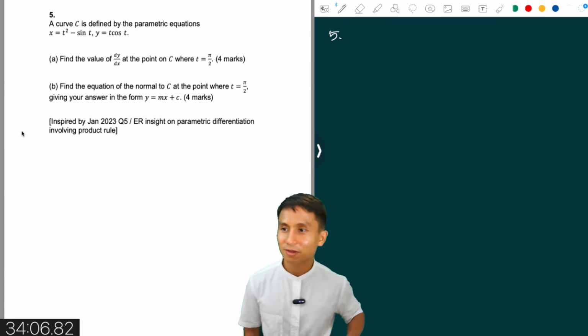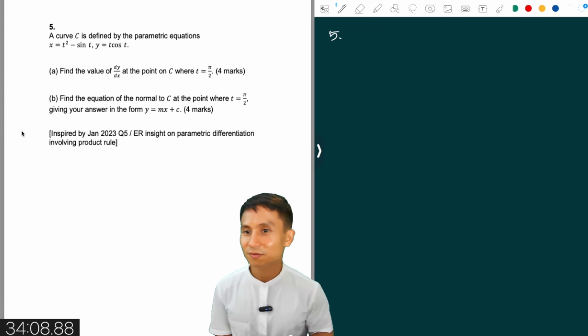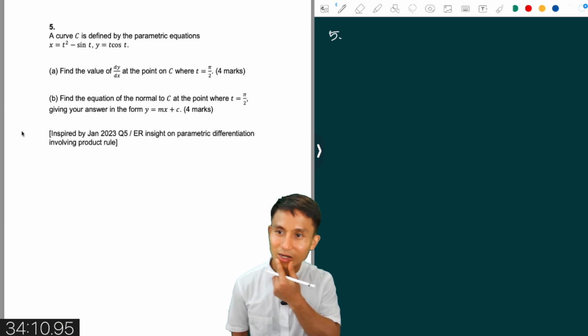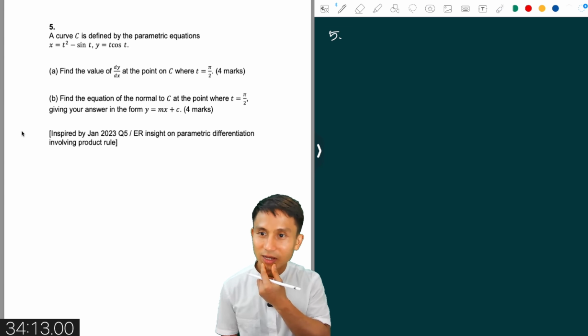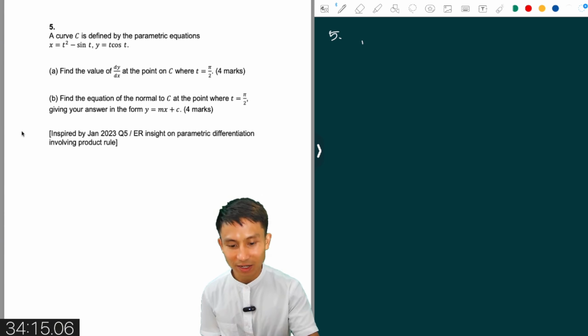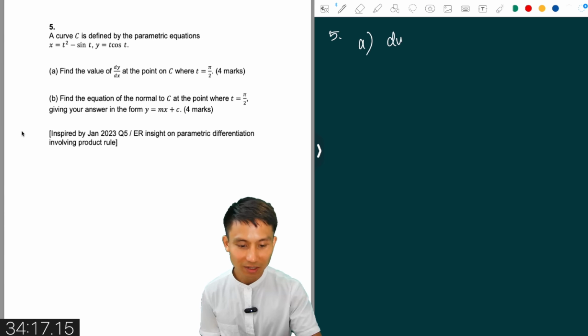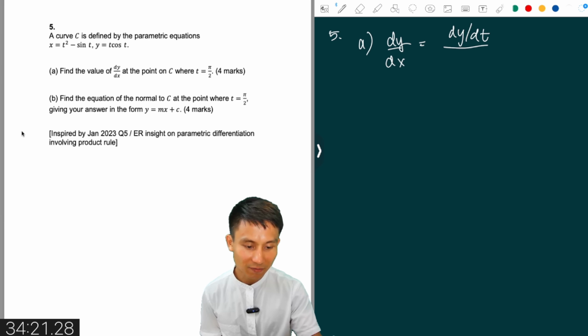Okay, number 5. A curve C is defined by the parametric equation. I hope there's no mistake in this one. Find the value of dy by dx. Okay, that's typical. dy by dx is dy by dt divided by dx by dt.